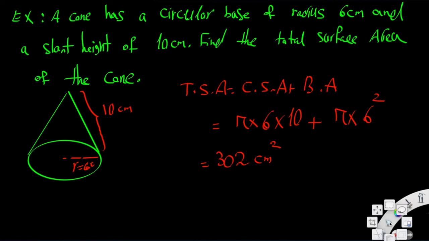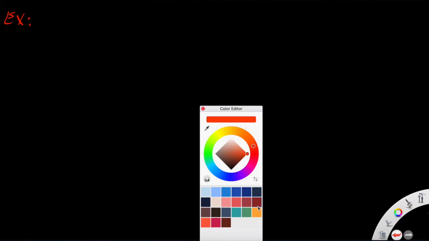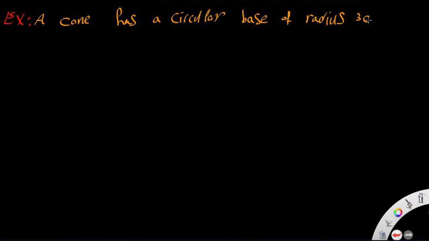Now, one more example. A cone has a circular base of radius 3 meters and a height of 4 meters.